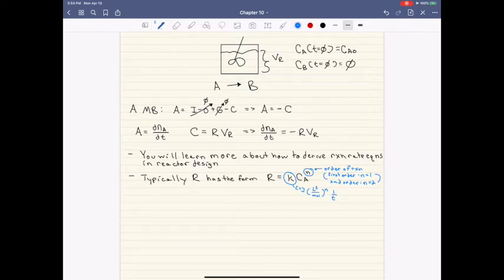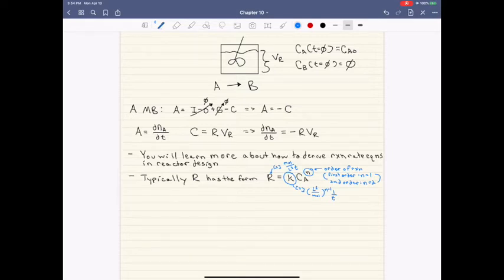But ultimately, if we remember from the previous video, the units for our reaction rate have to be moles per volume per time. So if we're multiplying k by the concentration raised to some n, we need to make sure that the product gives us moles per liters cubed per time.